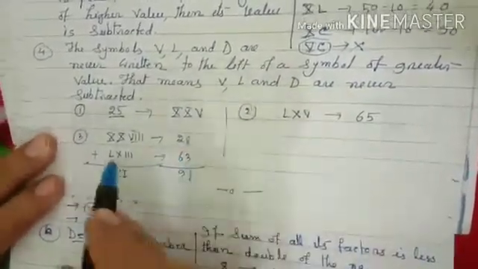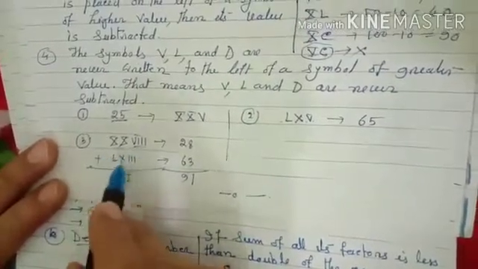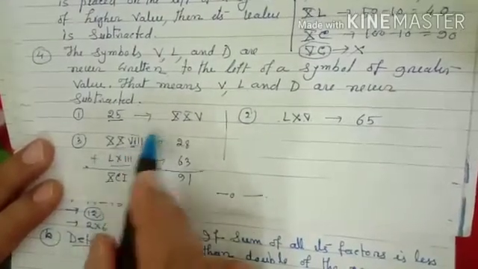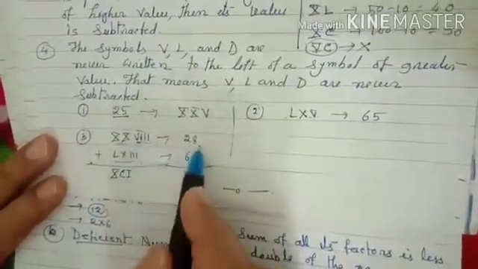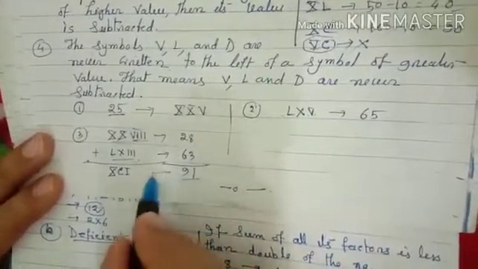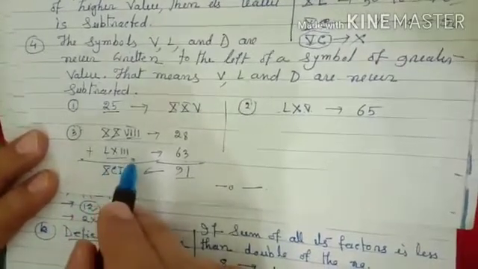But the indirect question is of two types. Either Roman numerals are given and you have to add them. So how to add Roman numerals? First convert into Hindu Arabic. This one is 28, this one is 63. First add, and you get 91. Now convert 91 into Roman, that is XCI. This is one type of question.